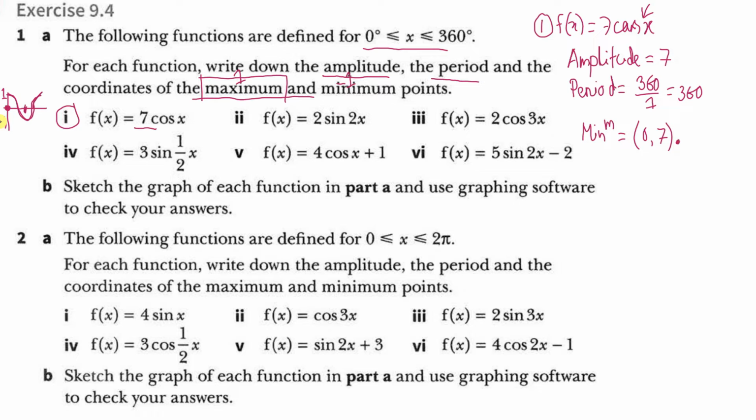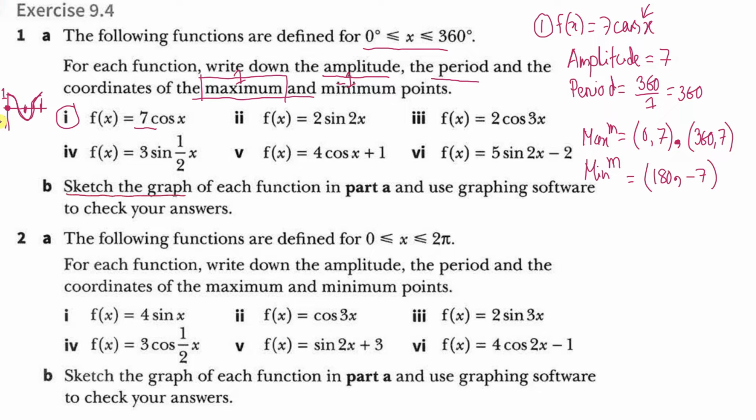Sorry, it's not a minimum point, this is a maximum point. I did it wrong here. One maximum is (0, 7), and another maximum is (360, 7). For the minimum point, we have only one, at 180 degrees, the middle of this curve, and its minimum is -7. Hope it's clear.